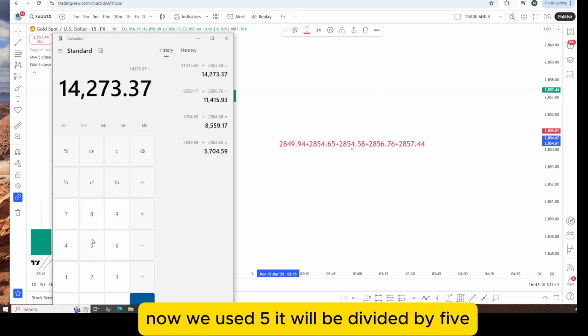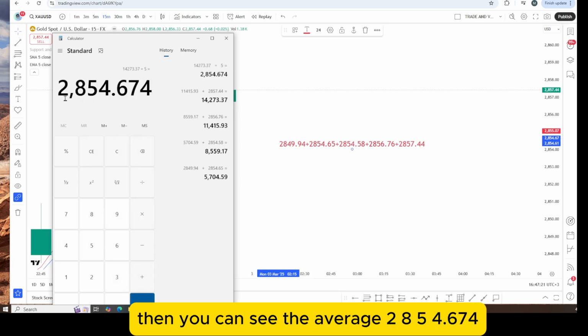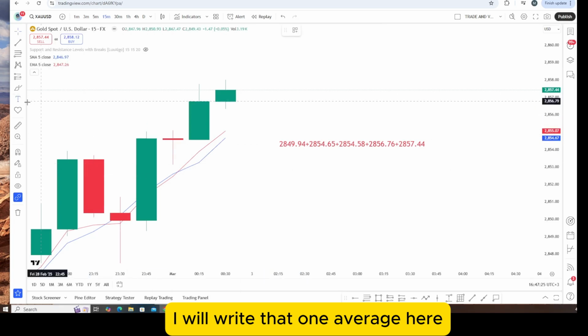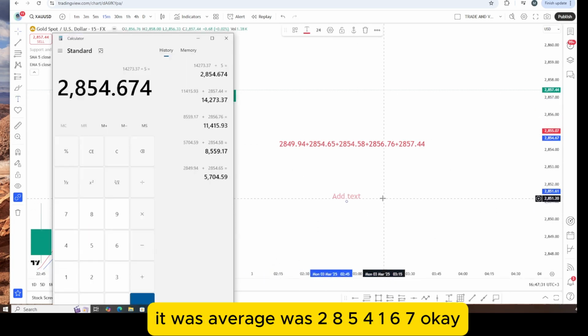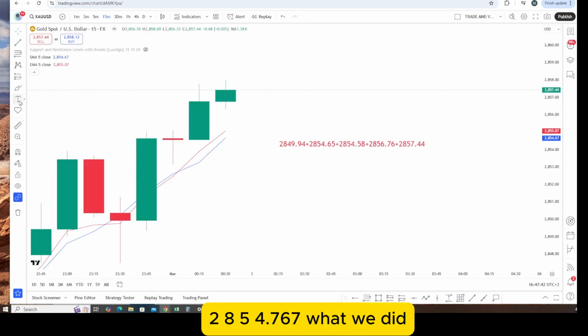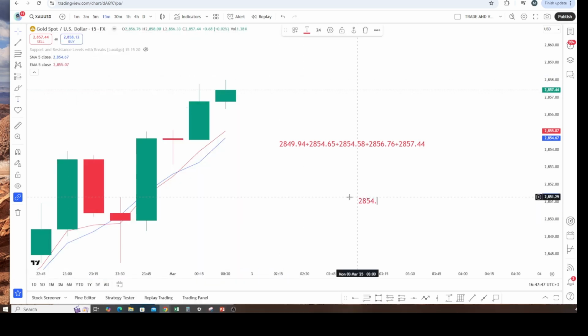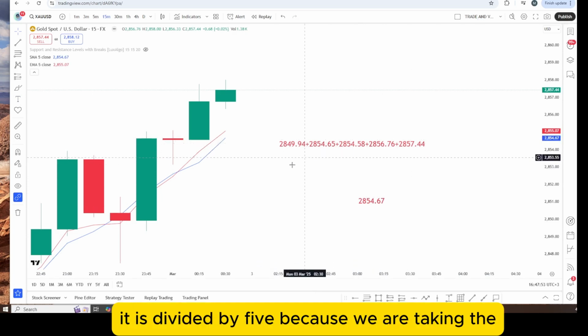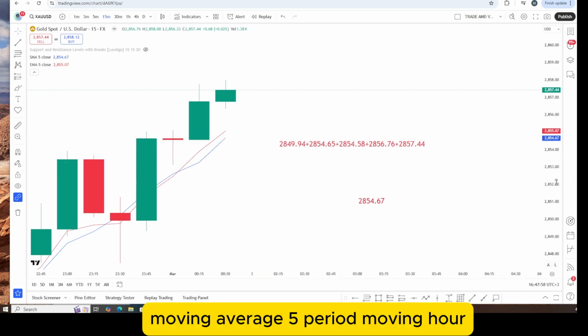Now we used 5, so it will be divided by 5. Then you can see the average, 2854.67. What we did was add all of these and divide by 5. Why is it divided by 5? Because we are taking a 5 period moving average.